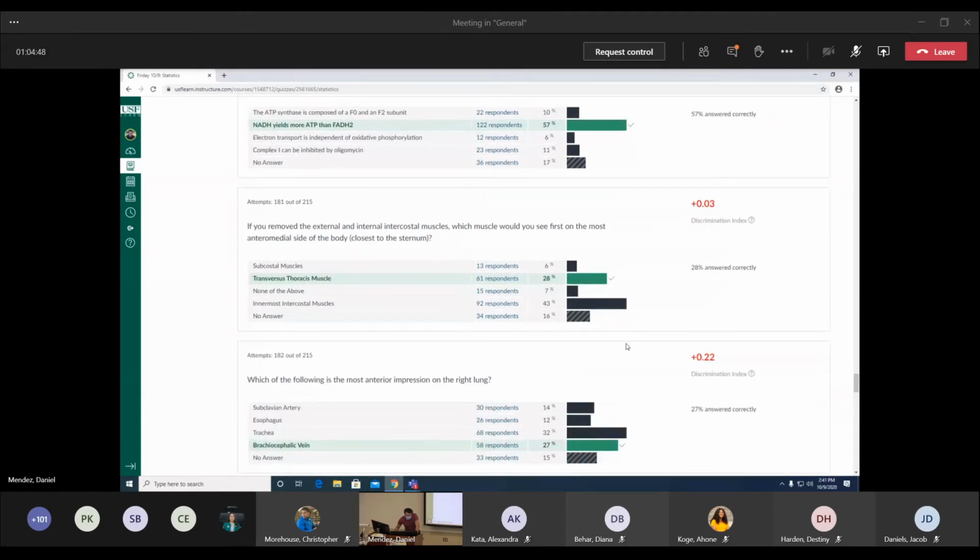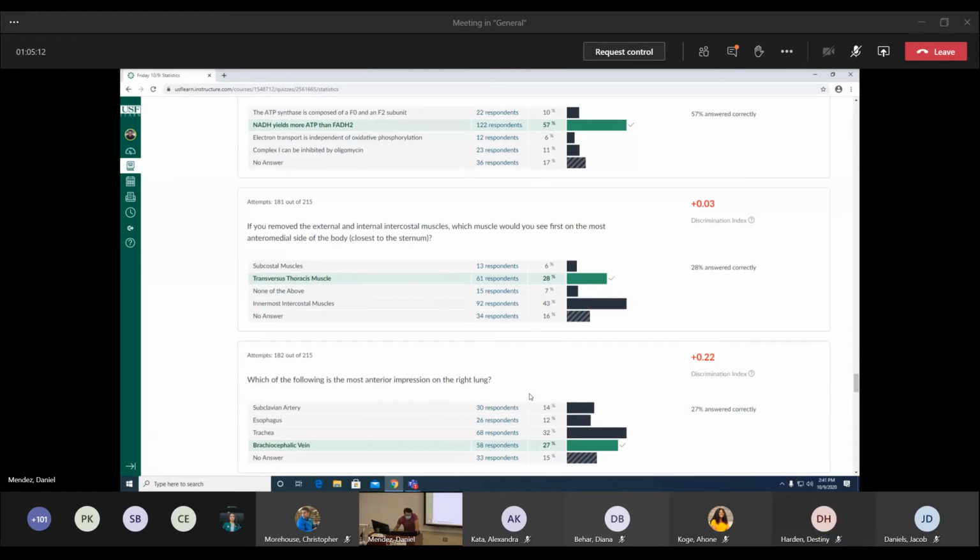All right, so which of the following is the most anterior impression on the right lung? Brachiocephalic vein, that is correct. Which impression would be just posterior to that on the right lung? The trachea. Yeah, and posterior to that? The esophagus.